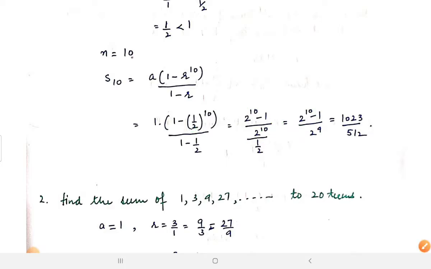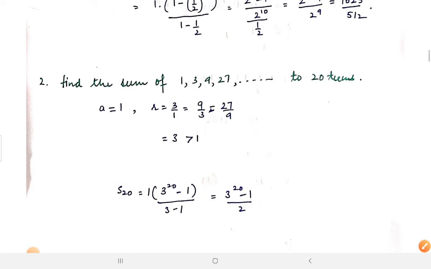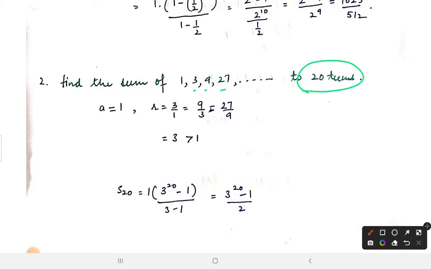Next question. Find the sum of 1, 3, 9, 27 up to 20 terms. So let us first check whether it is an AP or a GP. So it is 3 divided by 1, 9 divided by 3, 27 divided by 9. In each case the common ratio is 3, 3 and 3. So it is a GP, geometric progression.